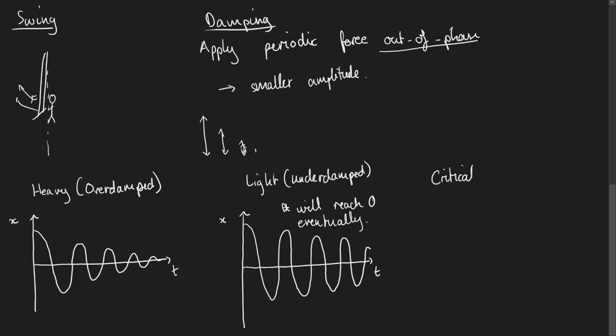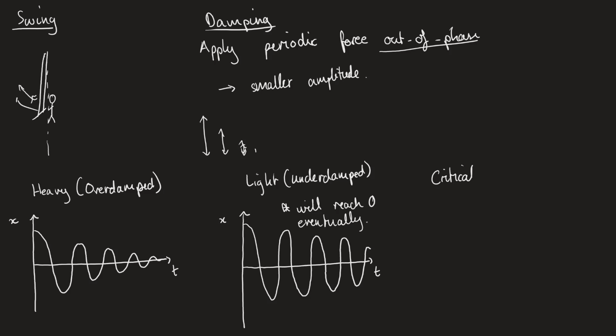Okay, now heavy damping and light damping aren't exactly the most useful things for everyday use. We don't really want things to oscillate too much. Usually damping is used in the case of a mass spring system in things like suspension.